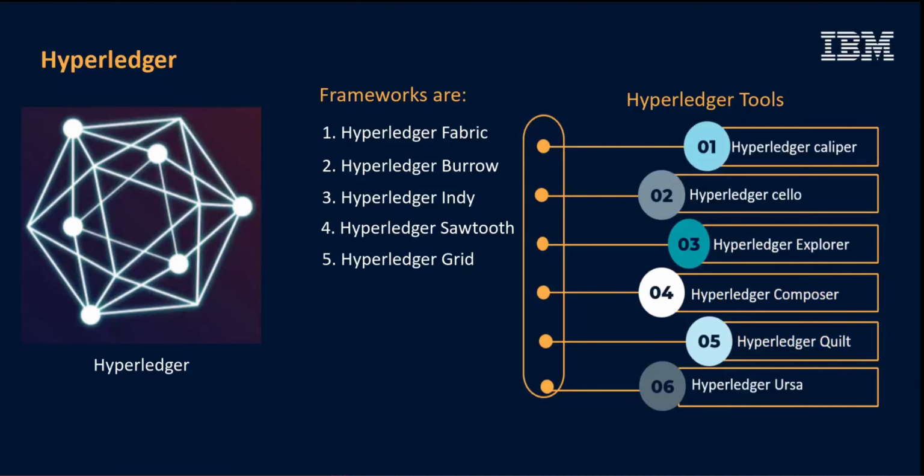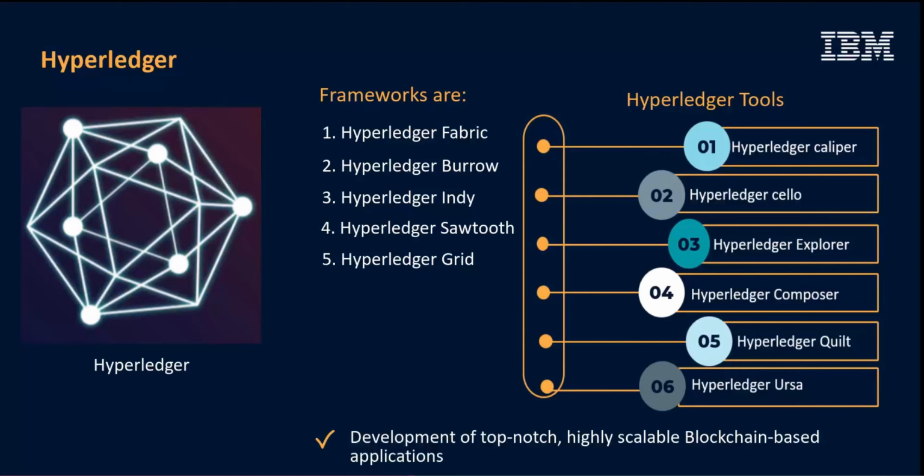We have covered this in detail in our reading material. The availability of such frameworks and tools is an important reason for the popularity of Hyperledger. They help in the development of top-notch, highly scalable blockchain-based applications. This list is bound to grow and will further prove Hyperledger's potential.